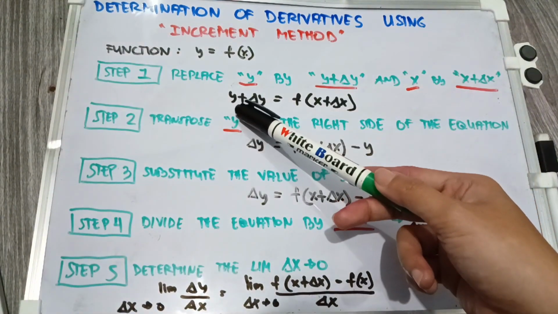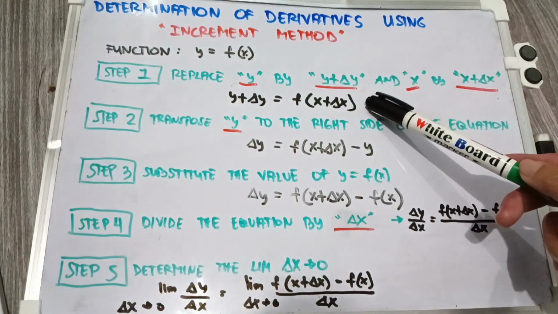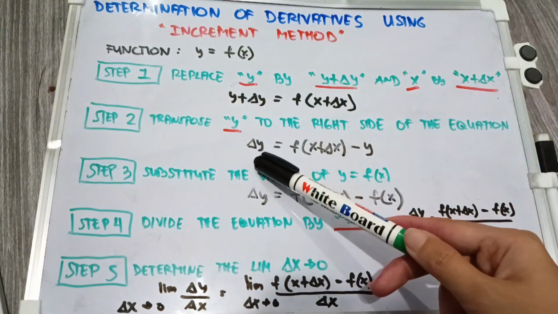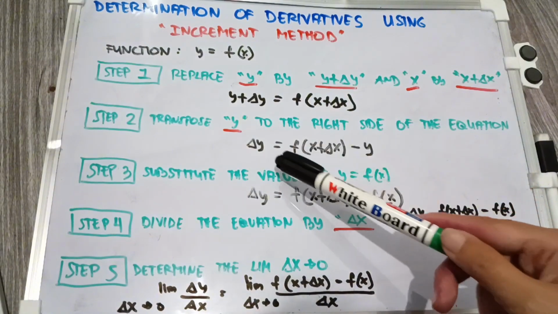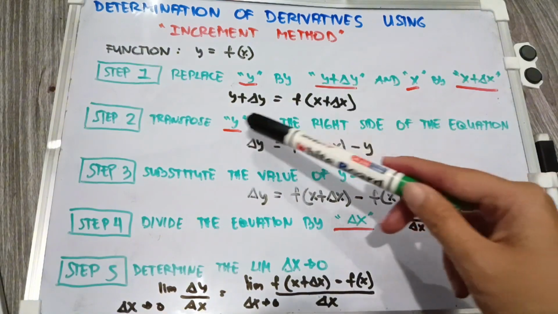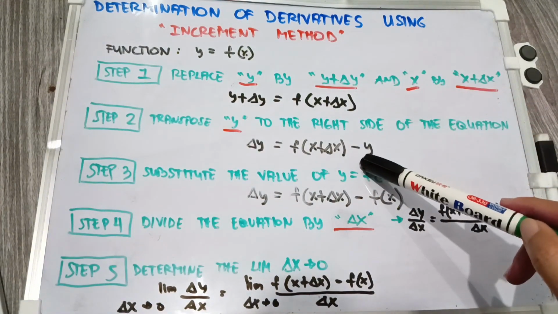This y in here, let's transpose it to the right side. So from here, it became like this. When we transpose the y, the positive sign will be converted to the negative sign.